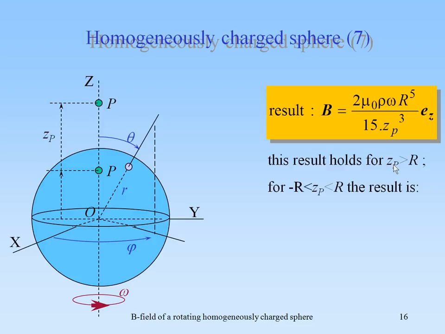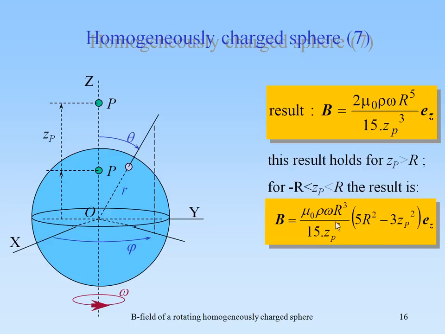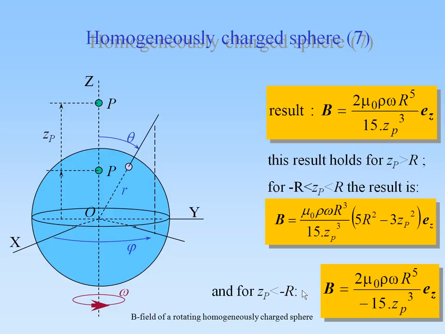And this result holds for zp larger than R. For zp in between minus R and plus R, the result is given in this way: mu naught rho omega R to the third power divided by 15 times zp to the third power times 5 R squared minus 3 zp squared times ez. And for zp below the sphere, B is the same as on the top side, but with an extra minus sign, of course.